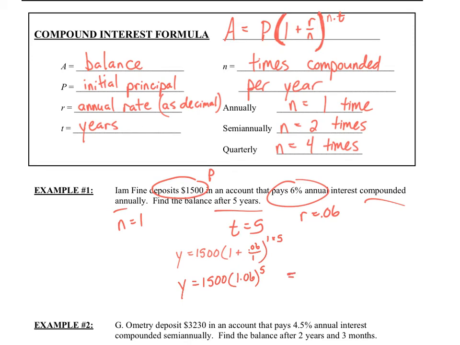When you type this in, we will get $2,007.34. So $2,007.34 is what you'll have after 5 years. So in 5 years, it grew from $1,500 to $2,007. So you got like $500 for free just by putting money into that account.